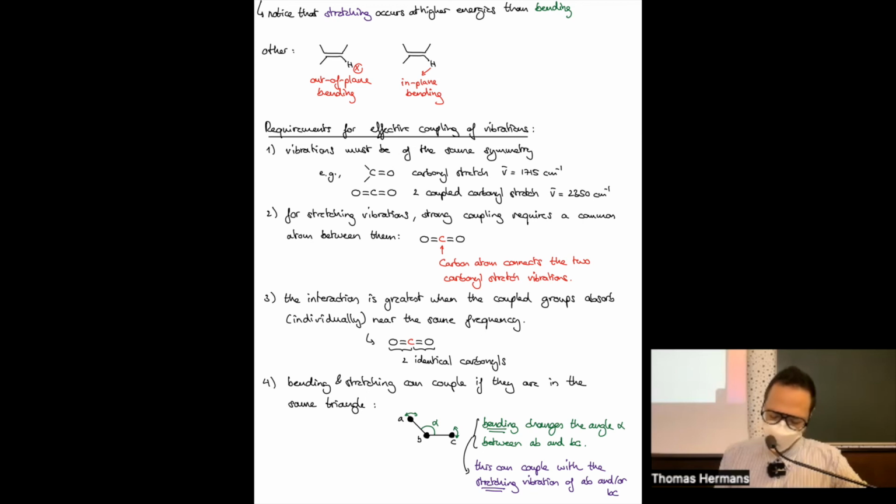And we look at this proton, this proton can bend out of plane. Or you can have in-plane bending. Okay, so this will happen at different frequencies. So in infrared, you can sometimes distinguish all these different vibrations.